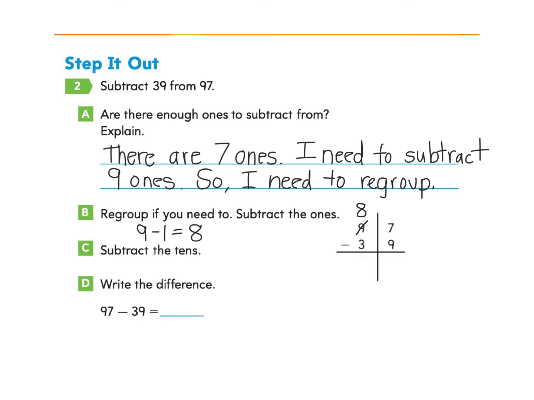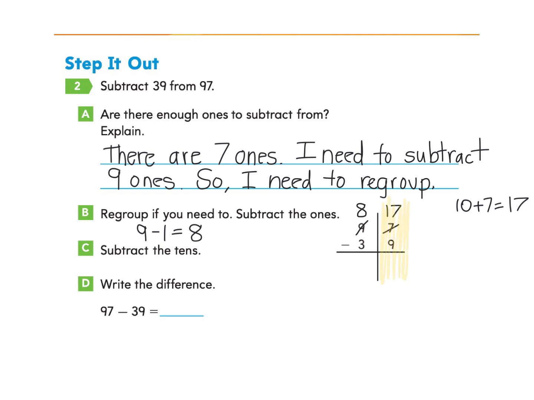And then we take that group of 10 and we move it on over to the ones column. So when we do that, we don't have 7 anymore. We have 10 plus 7, which makes 17. We now have 17. And now we can take 17, take away 9. So we're going to do what it asks. It says regroup, which we did, and now we're going to subtract the ones column, which is all of this right here.